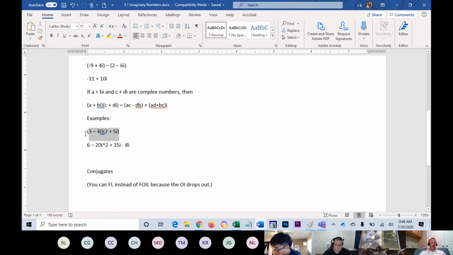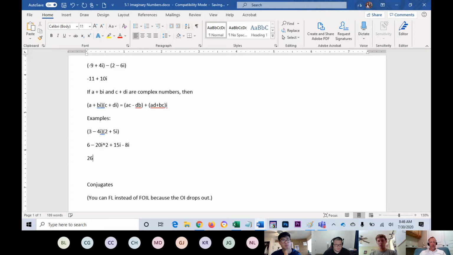Honestly, it's probably easier just to FOIL this out, just like Cassie did. Does the negative come from the i squared? Because i squared is -1, right? Exactly. That's what I was just going to say. So i squared is -1, so this becomes a plus 20. So 6 plus 20 is 26, right? And then 15 minus 8 is 7i.